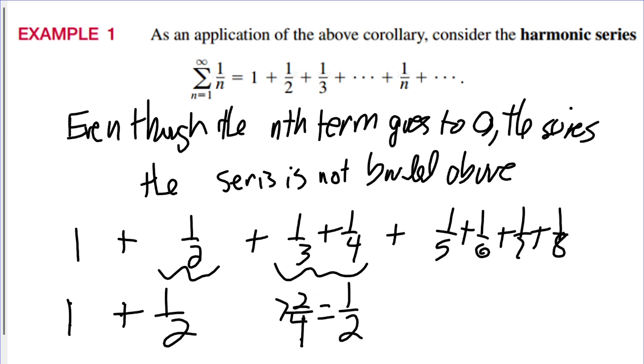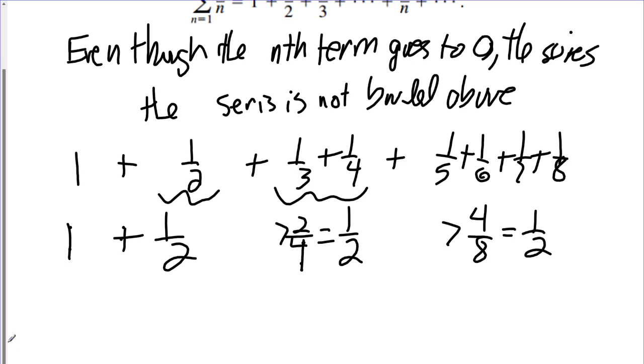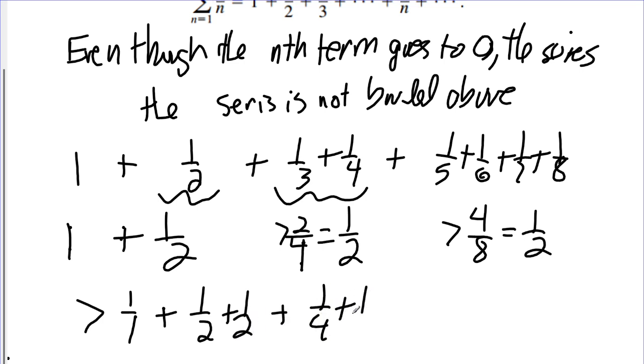Same thing for 1/5, 1/6, 1/7, 1/8. That has to be greater than 4/8, which is also equal to 1/2. Therefore, that sum has to be greater than 1 over 1 plus 1 over 2 plus 1 over 2 plus 1 over 4 plus 1 over 4 plus 1 over 4 plus 1 over 4, and so on and so forth.